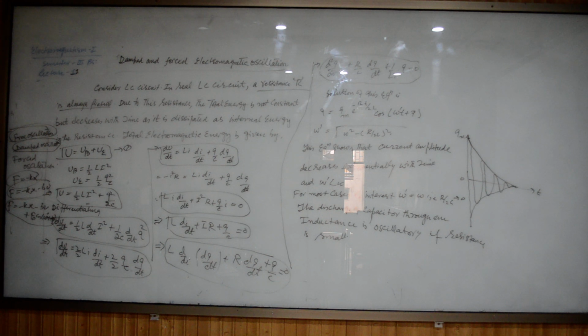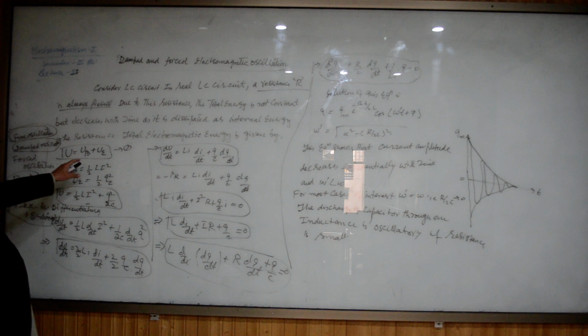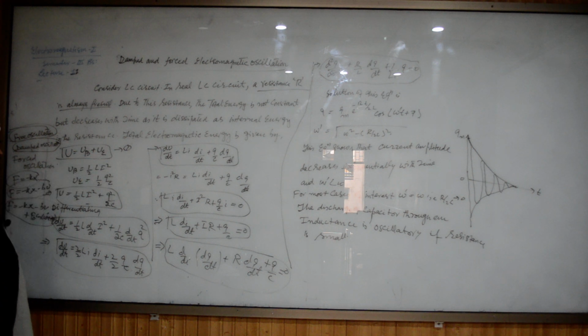Then the total electromagnetic energy is given by, as we know, U is equal to UB plus UE, where UB stands for the magnetic energy stored in the magnetic field in case of the inductor, and UE is the electrical energy that is stored in the electric field of a capacitor. Already done this.